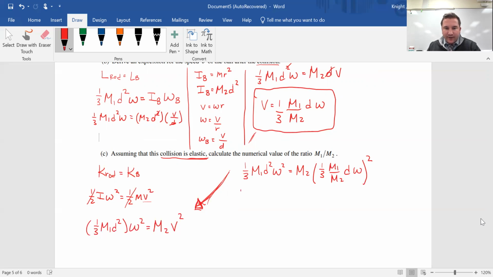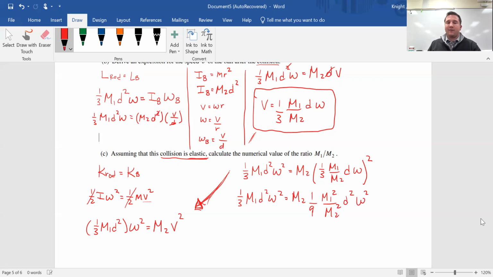So we square some stuff out here. 1/3 m1 d squared omega squared equals m2 times 1/9 m1 squared over m2 squared d squared omega squared.